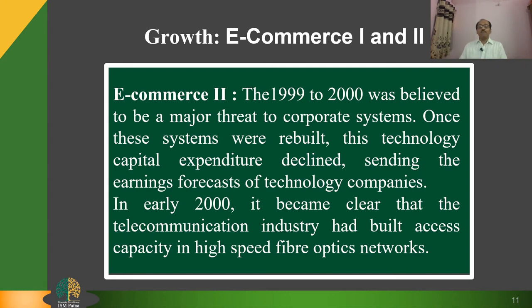The simple change from 1999 to 2000 was believed to be a major threat to corporate systems. Once these systems were rebuilt, information technology capital expenditure declined, lowering the earnings forecasts of technology companies. In early 2000, it became clear that the telecommunication industry had built excess access capacity in high-speed fiber optic networks.